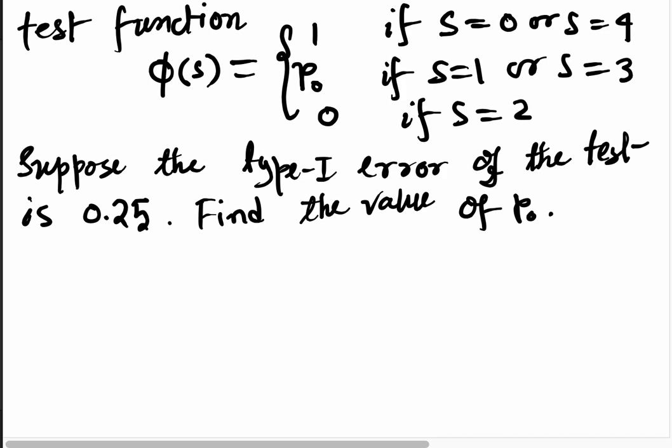Let's see the answer of the question. First let's calculate what the type 1 error alpha is, that is the probability of rejecting the hypothesis when it is true.